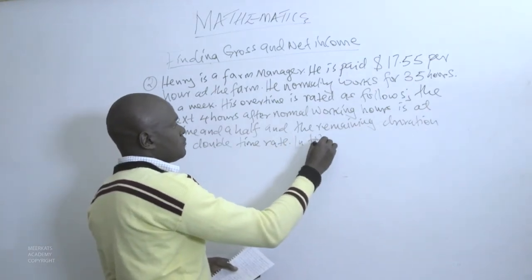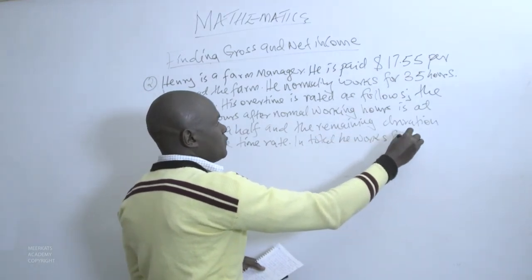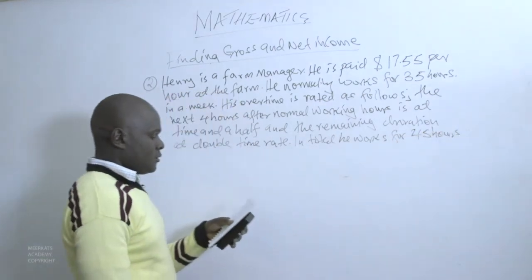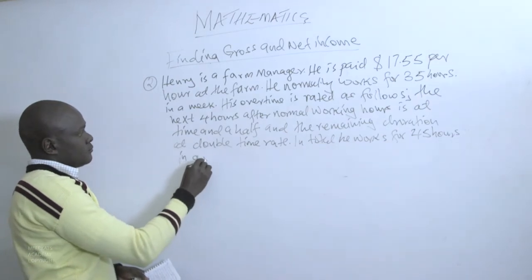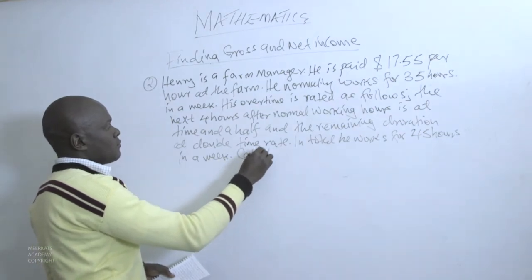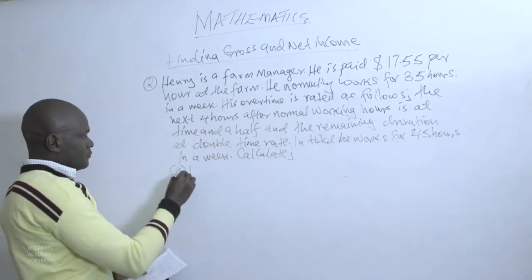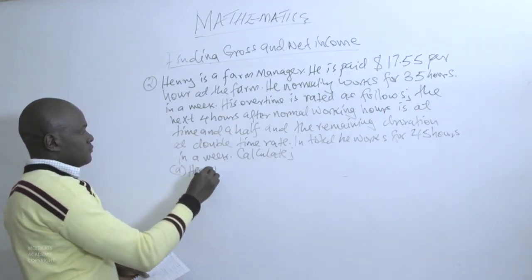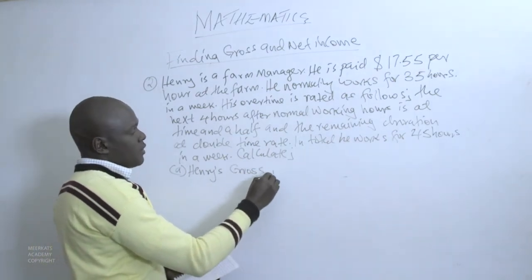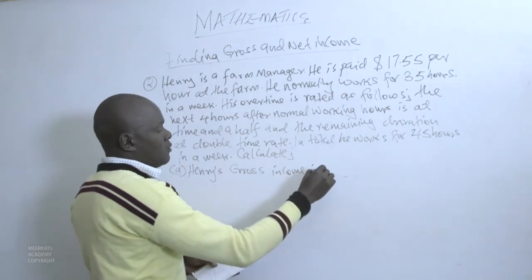In total, he works for 45 hours in a week. Calculate Henry's gross income in that week.